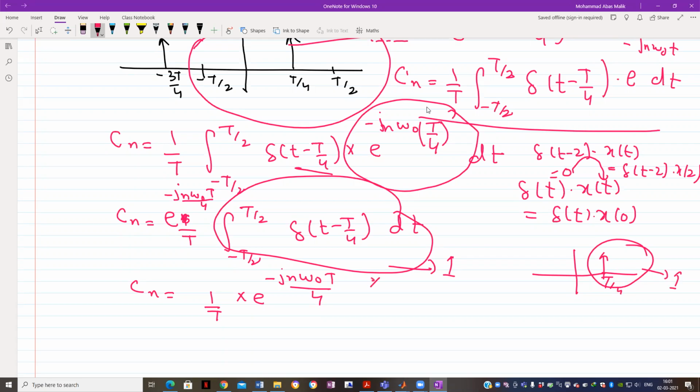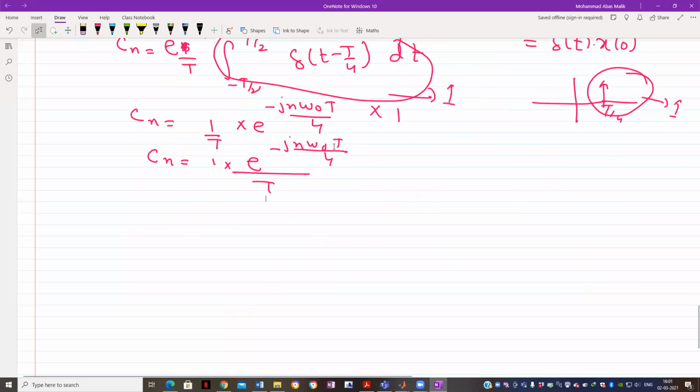So this will be into 1. So the Cn value is e raised to the power minus j n omega naught T divided by 4, into 1 divided by T. So the Cn value is done.